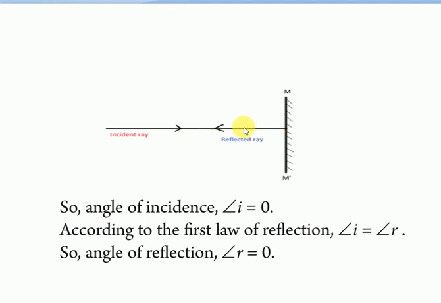So in this case, the angle made by the incident ray with the normal is 0 degrees. Hence, the angle of incidence in such a case will be equal to 0 degrees. And according to the first law of reflection, angle i is equal to angle r, and hence the angle of reflection is also equal to 0 degrees.